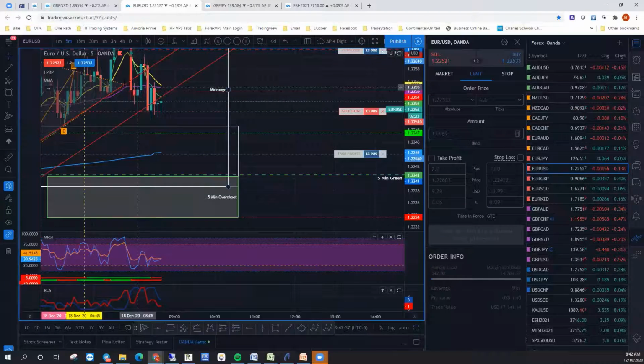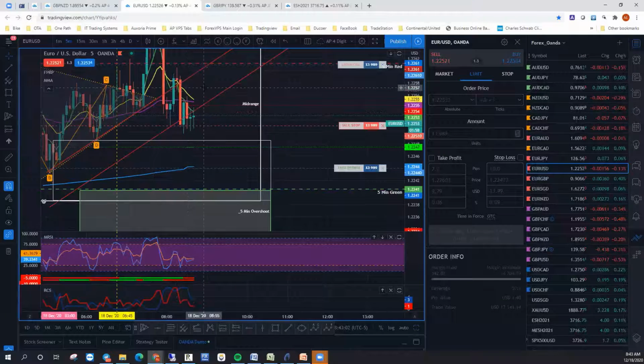I am not in this trade yet. I do like the strong move down. Came back up, retested this. It's going to have to get through here. If this was rejected, it should keep on going. If not, it may have another strong move down.